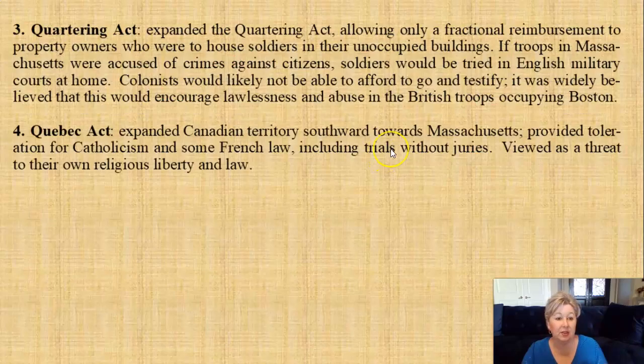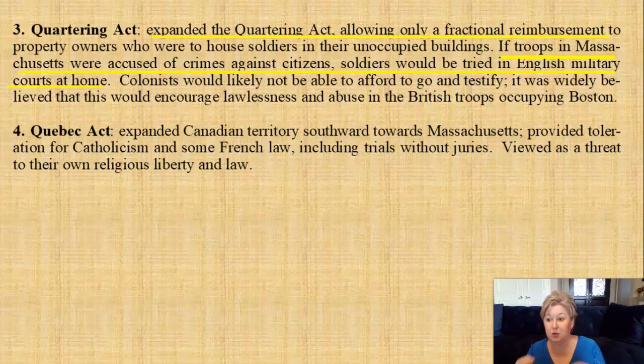The third part was the Quartering Act. All this did, grab your highlighter, it just expanded the Quartering Act. So it was already bad, but now you couldn't even be fully reimbursed for what you were asked to provide for these soldiers. So only fractional reimbursement.